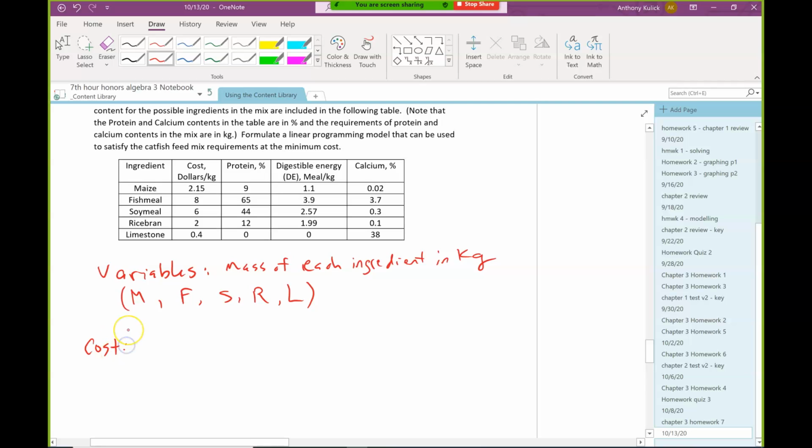So let's write our cost function now. Should this be a minimization or a maximization problem? Minimization problem, good. And again, we know that just because it tells us. So how would we calculate then the cost of our feed mix?